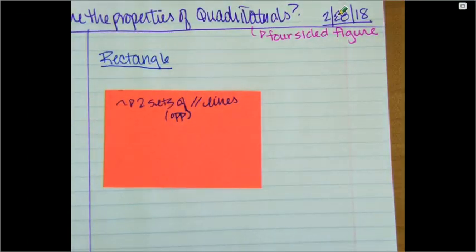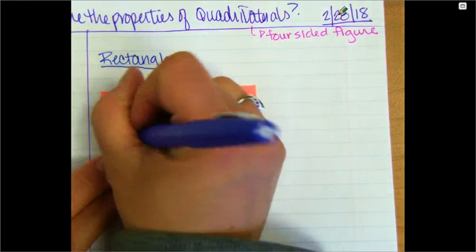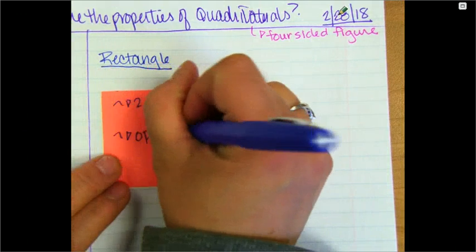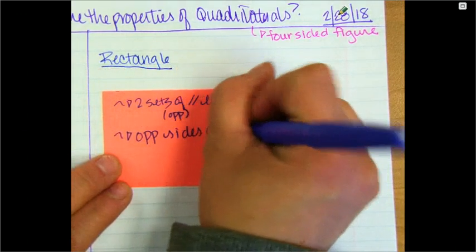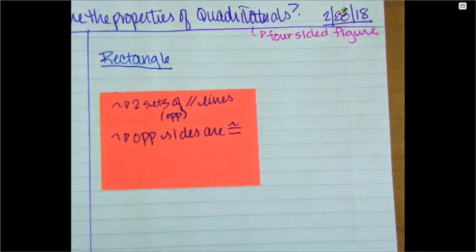All right, what else? So let's talk about sides. What else do you know about those sides? Not the angles yet. Let's talk about the sides. Which ones are congruent? Opposite sides are congruent. Good so far?